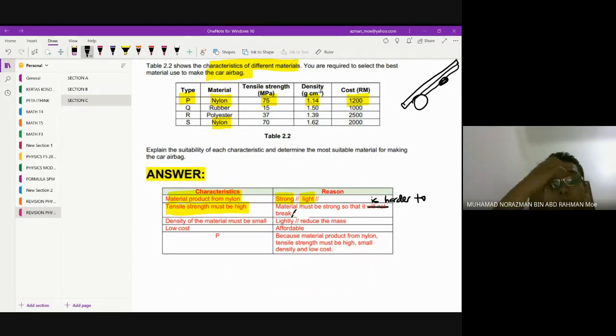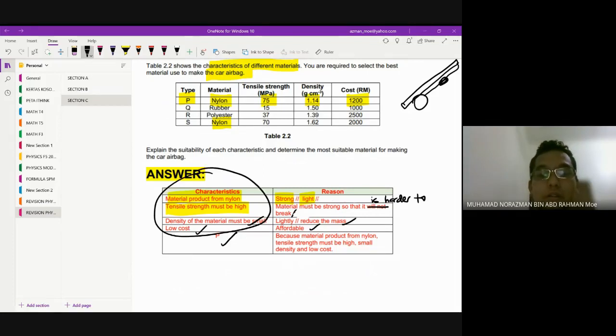Okay, density must be small. Okay, lighter or to reduce mass. Low cost, reason affordable. And last we choose P because of all the characteristic. Okay, so that is how you answer section C question.